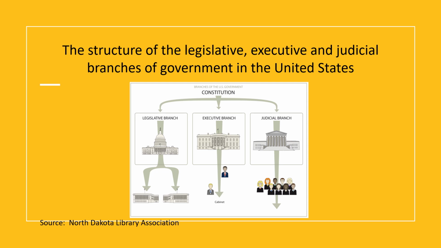So the House of Representatives has the sole power to impeach federal officials, but the U.S. Senate has the sole power to ratify treaties that are negotiated by the president, and also has the sole power to confirm nominations such as ambassadors, cabinet officials, and U.S. Supreme Court justices.